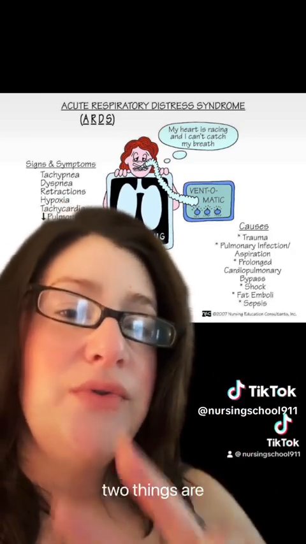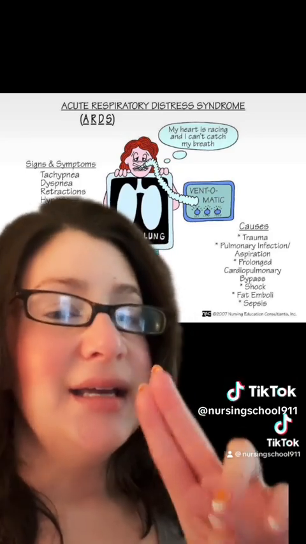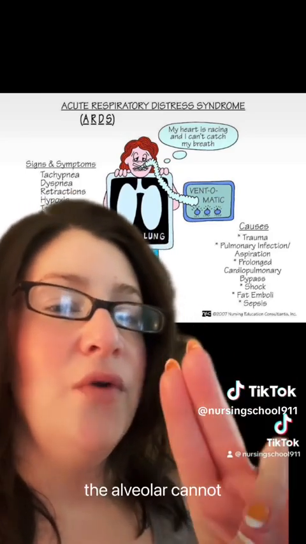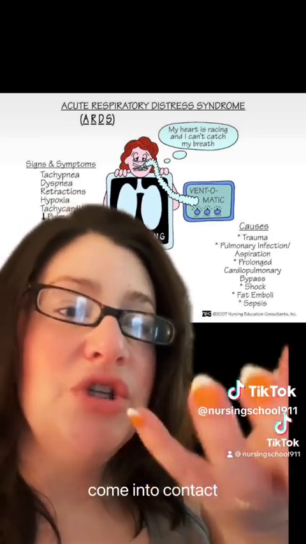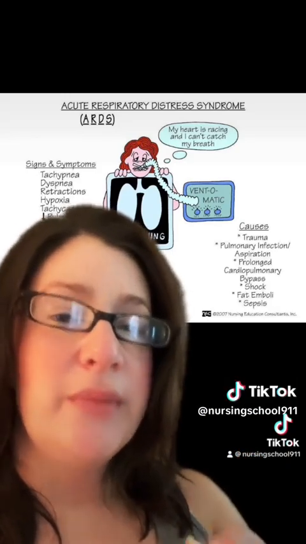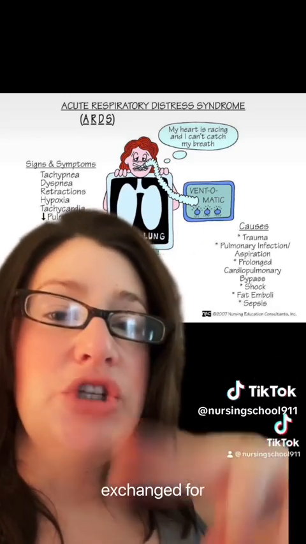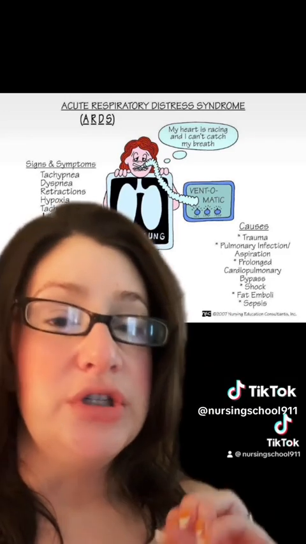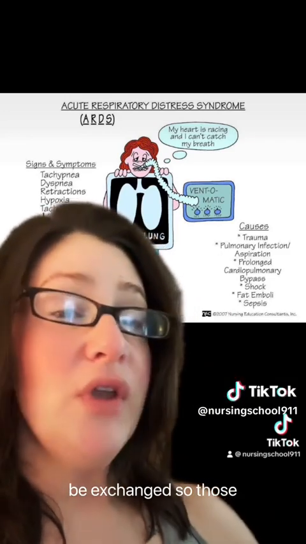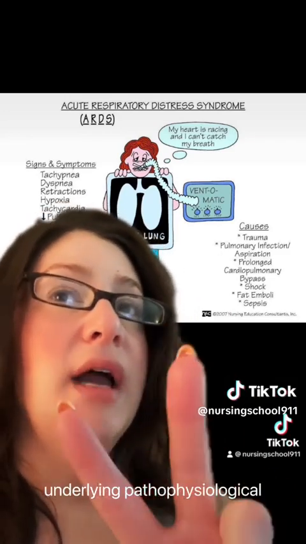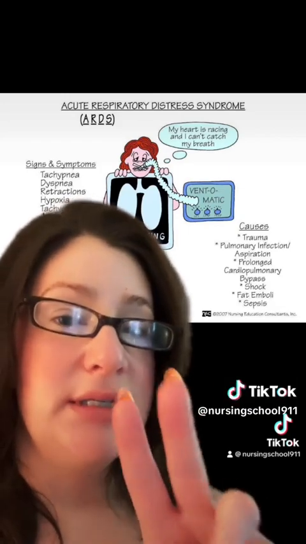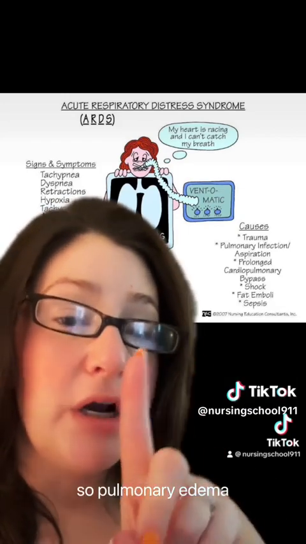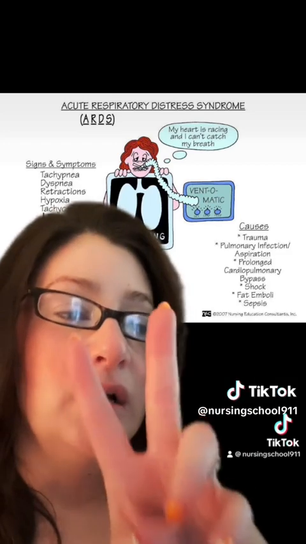So those two things are now impeding gas exchange because the alveoli cannot come into contact with that capillary bed for gas to be exchanged, for CO2 and oxygen to be exchanged. So those are the two big underlying pathophysiological processes. Remember that. So pulmonary edema, decreased lung compliance.